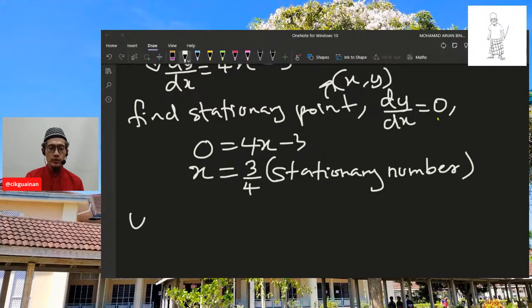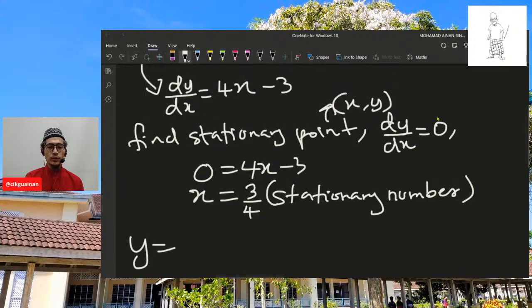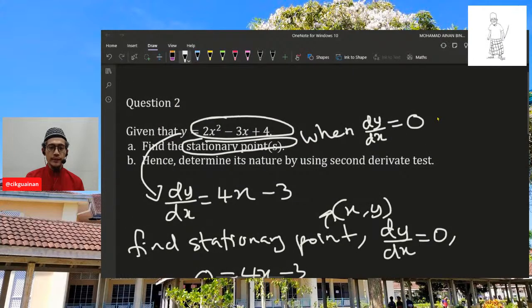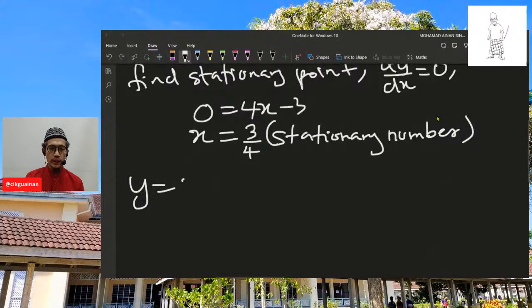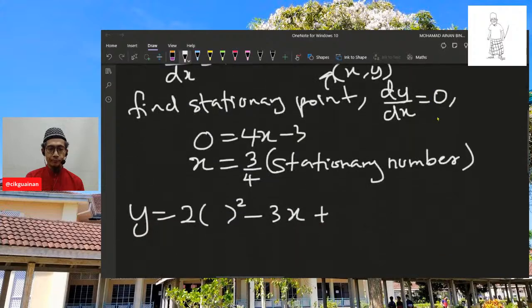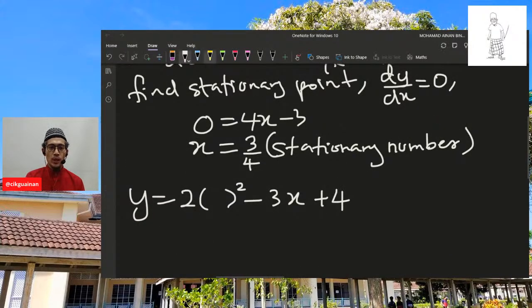Now, how do we figure out the y value? Just substitute into y. So, x squared minus 3x plus 4. This 3/4, put it over here. Everywhere x needs to be replaced by 3/4.